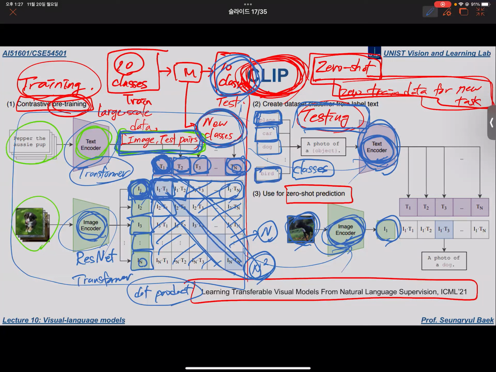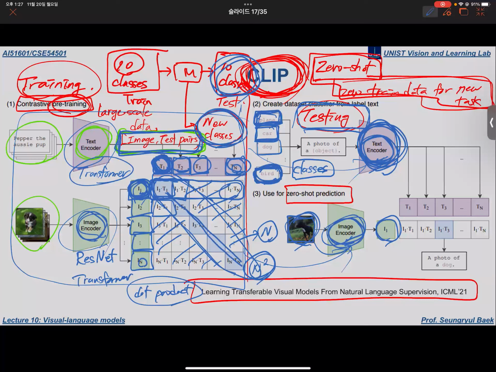This text label, the word which is input to this text encoder, can be any text. It can be text which was seen, the class name of the data which was seen during the training. At the same time, the word here could be some arbitrary text which was unseen during the training.